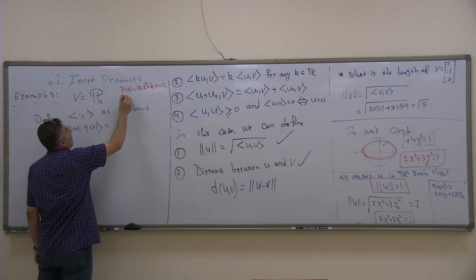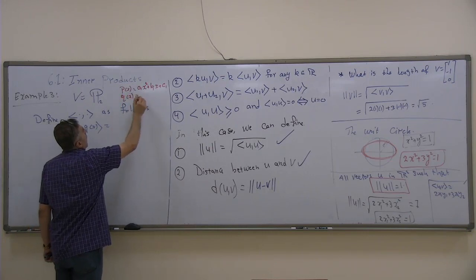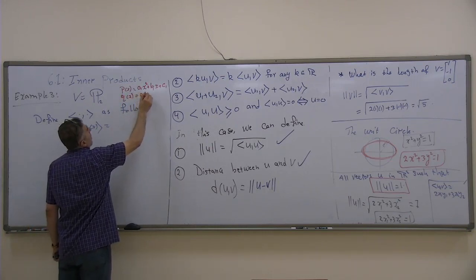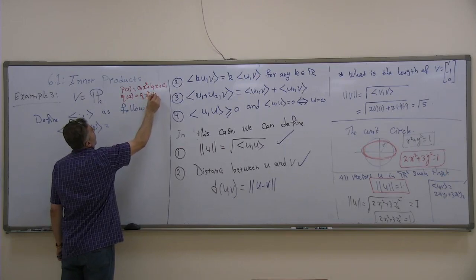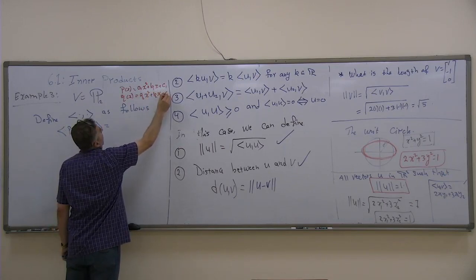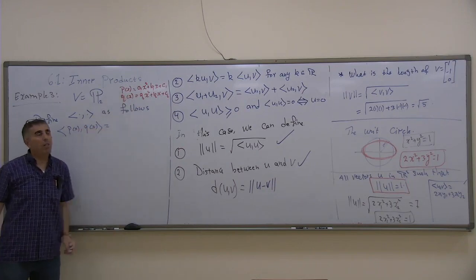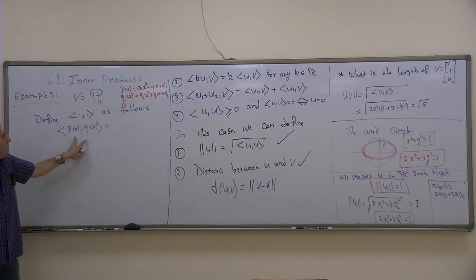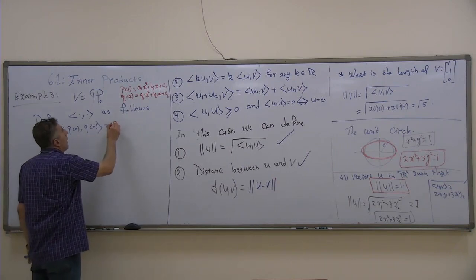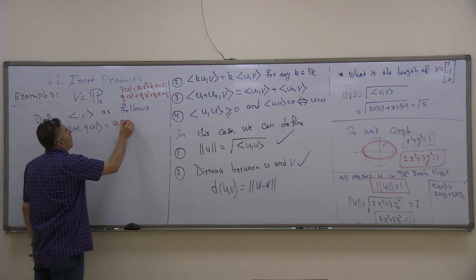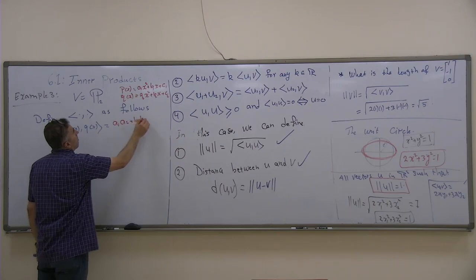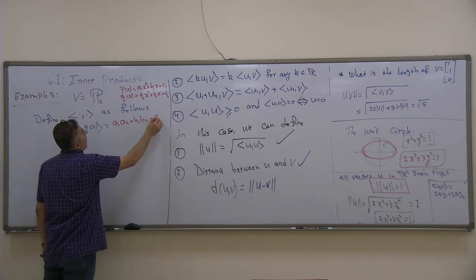Q(x) is A2x squared plus B2x plus C2. So this is my general P, this is my general Q, and now I want to define the inner product between them as A1A2 plus B1B2 plus C1C2.